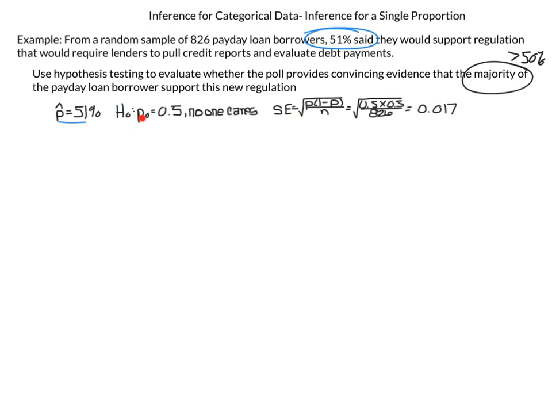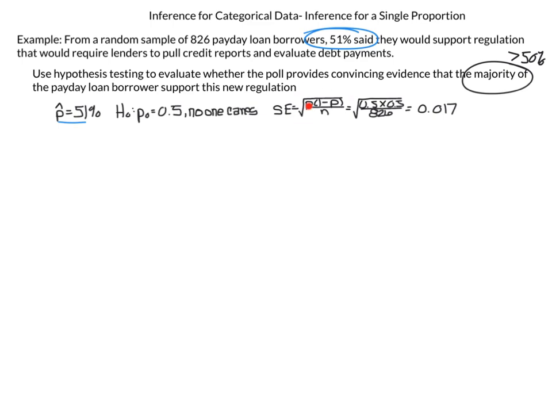So H0 is going to give us p0 equal to 0.5 or 50%. Or in other words, no one cares one way or another, which I know isn't exactly no one cares, because maybe 50% feel strongly one way and 50% feel strongly the other, but we're going to say it's a wash, so no one cares. Standard error is the square root of p times 1 minus p over n.